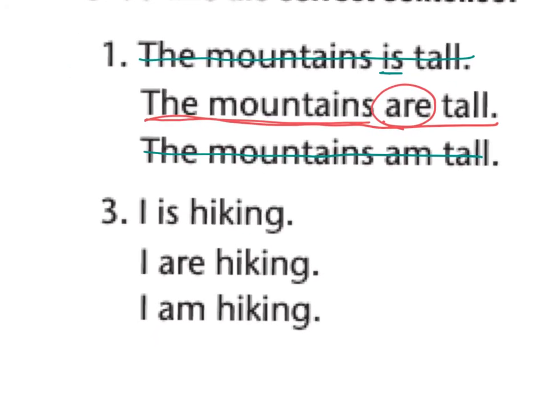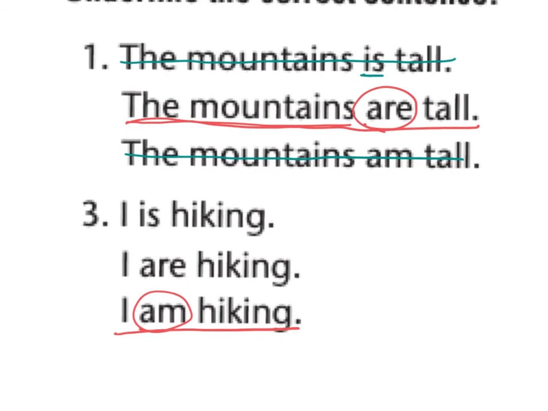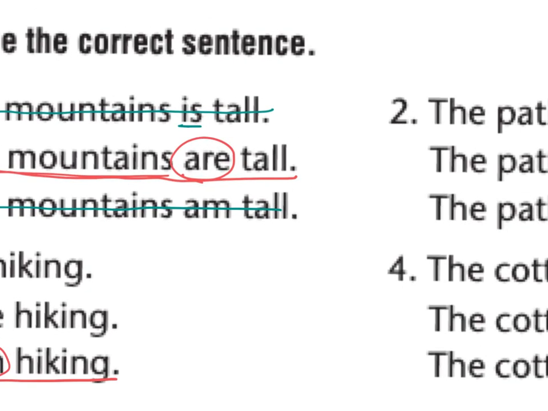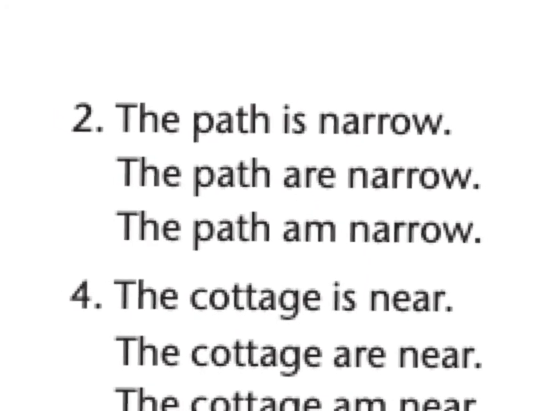I is hiking. I are hiking. I am hiking. Which one sounds correct? That's right. I am hiking. When we use I, we have to use the form of be that is am. The path is narrow.